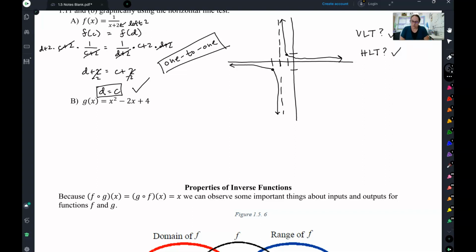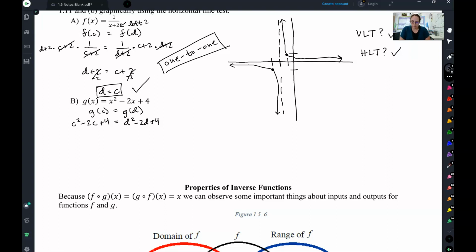For us, we're going to start with that analytical stuff. g of c equals g of d. We're going to plug c in to get c squared minus 2c plus 4 equals d squared minus 2d plus 4. Plugging c in on this side, plug in d on that side.